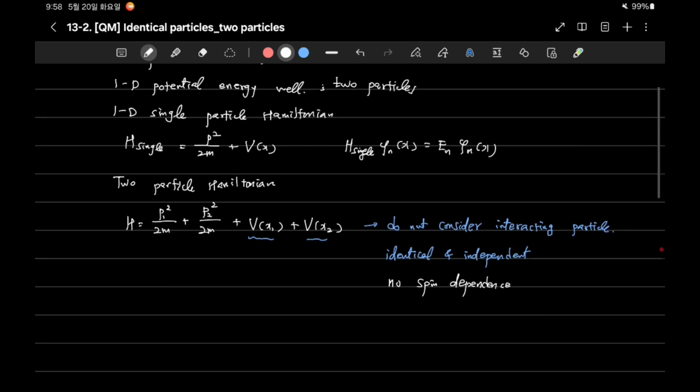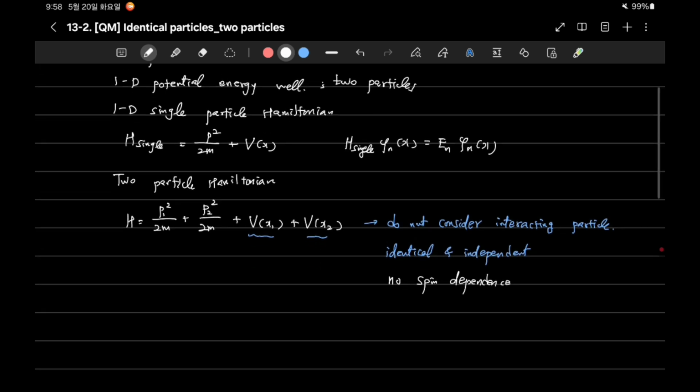At first, if we think of just the two-particle system, the two-particle eigenvalue equation is H psi(x1, x2) equals E psi(x1, x2), with one particle at x1 and the other particle at x2.